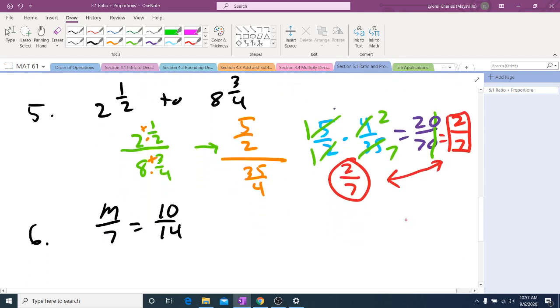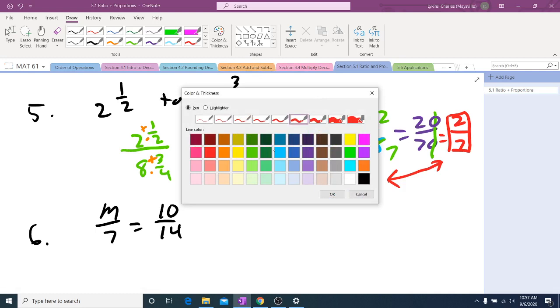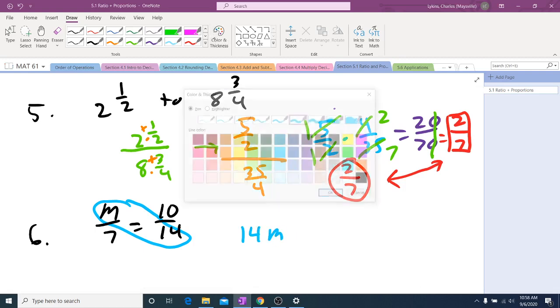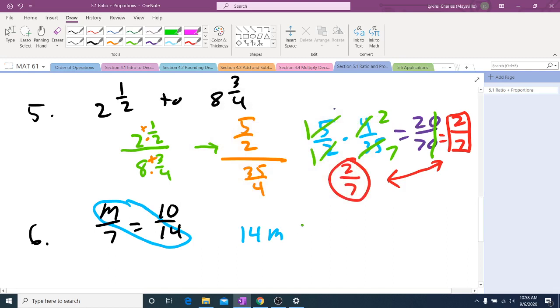Now, this is where we take the ratio and the proportion and we can solve a problem. So earlier I showed us how to cross multiply, and this is what we're doing. I always do the number first, 14 times m equals 7 times 10.